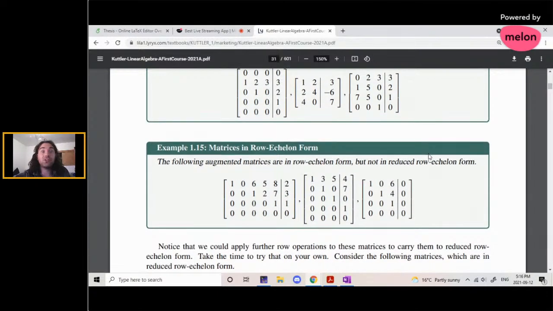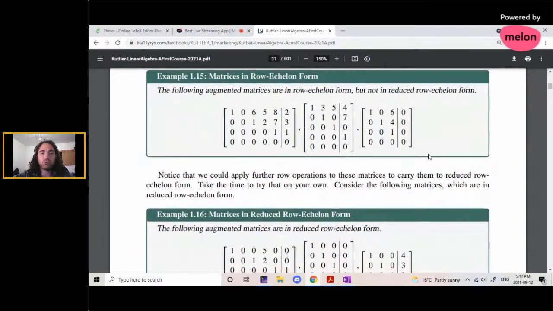So let's look at some matrices that are in row echelon form. The first one, let's check. We do have rows of zeros this time, and all of them are at the bottom. So great, that works. Let's check then, what about our leading entries? We have a leading entry in the first row, okay.